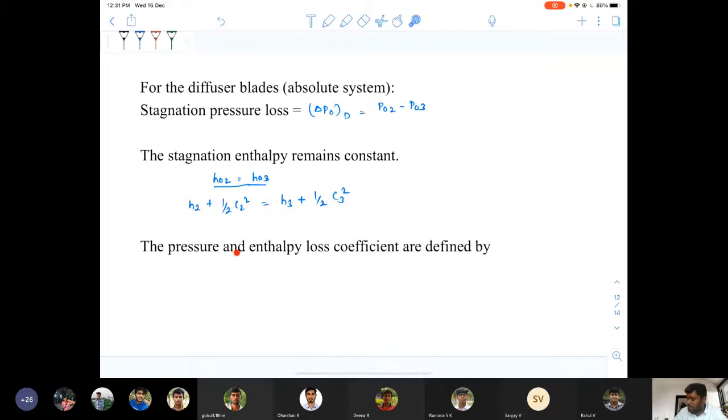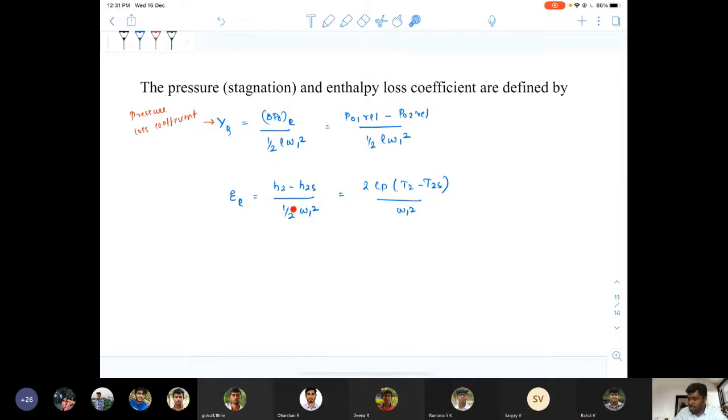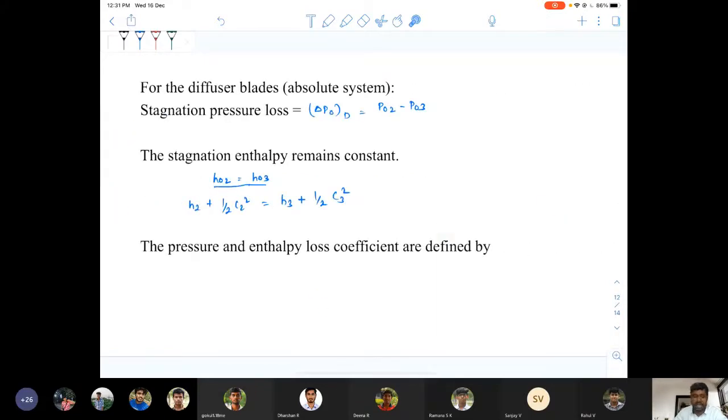Now, the pressure and enthalpy loss coefficients were defined for the rotor, and now we will define them for the diffuser. Y of D is equal to delta P naught of D, which is the diffuser, divided by 1 by 2 rho C2 square, which will be equal to P naught 2 minus P naught 3 divided by 1 by 2 rho C2 square.